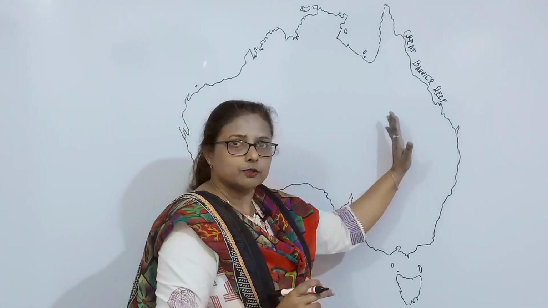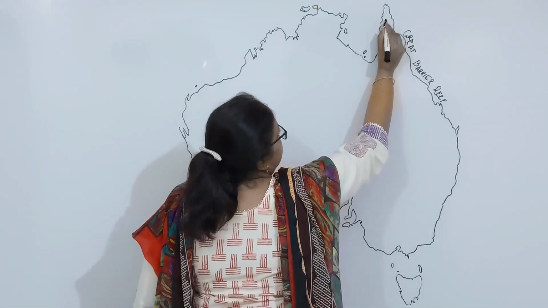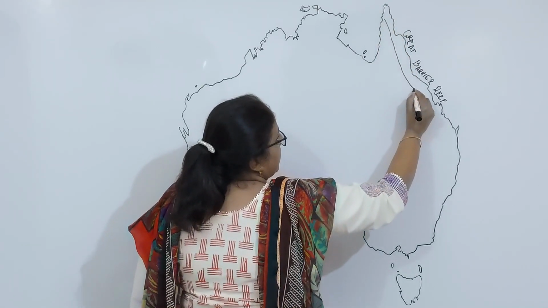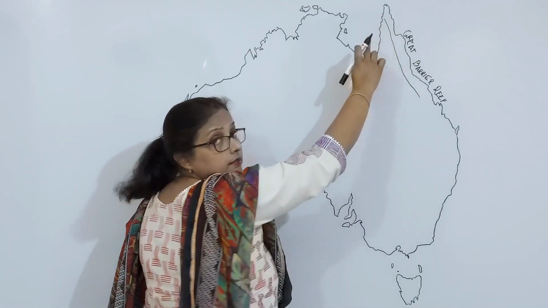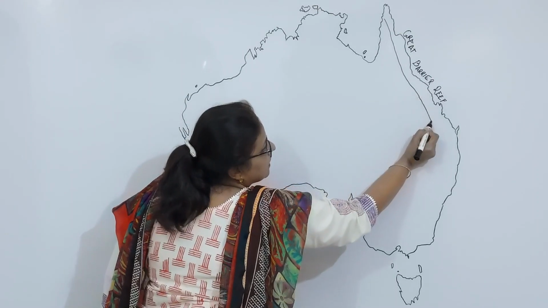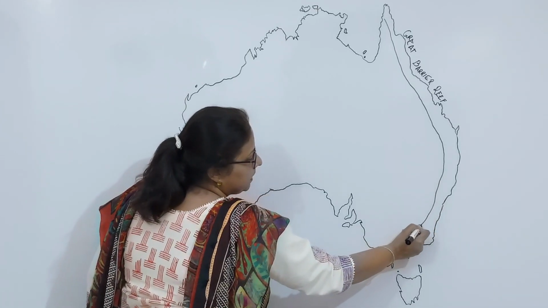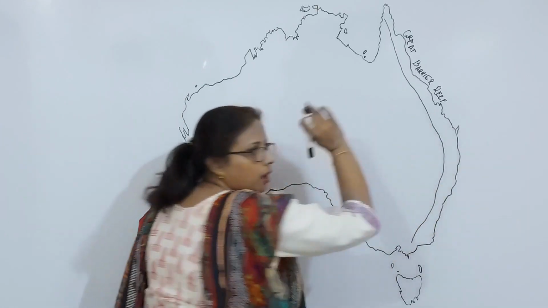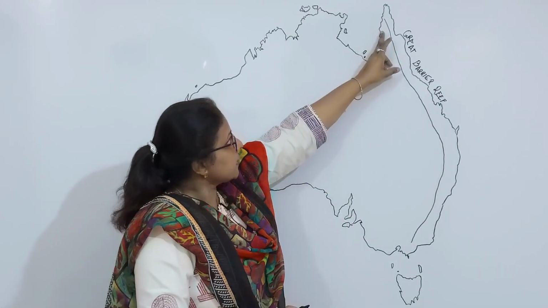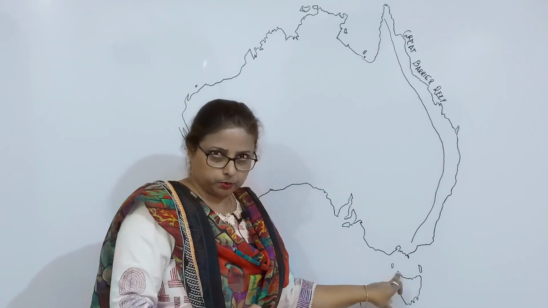Let us now move further towards the east. Here we have the Great Dividing Range. We all know that the Great Dividing Range extends from Cape York over here, moves towards the south, very close to the coast, almost running parallel to the eastern coast of Australia. It extends from Cape York in the north to the Bass Strait in the south.